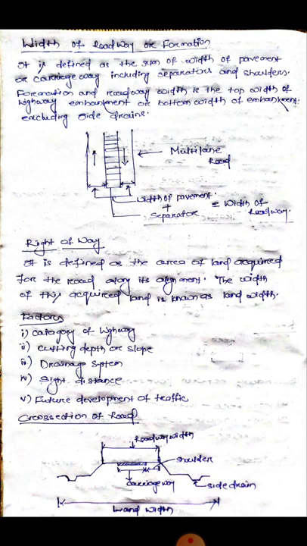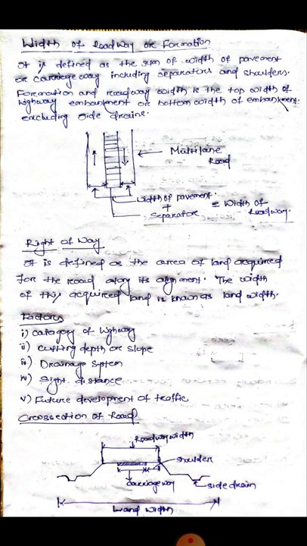Right of way is defined as the area of land acquired for the road along its alignment. The width of this acquired land is known as land width.